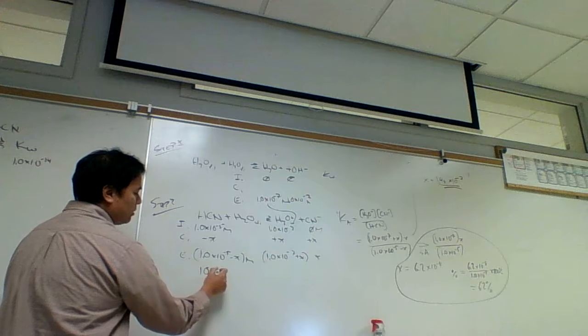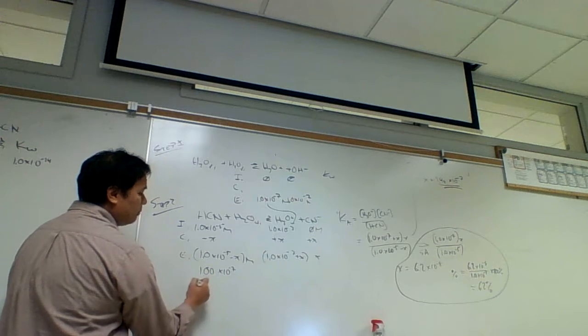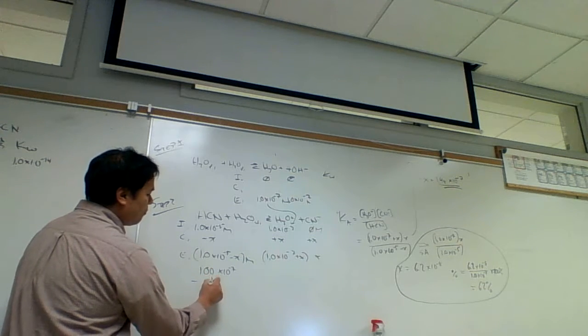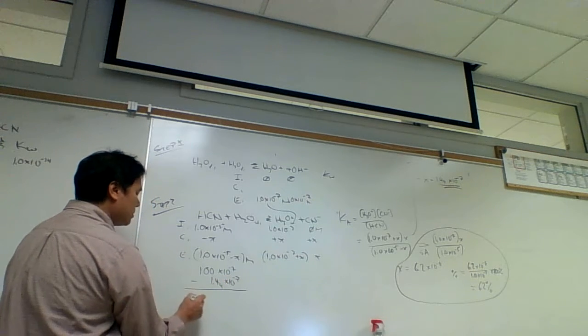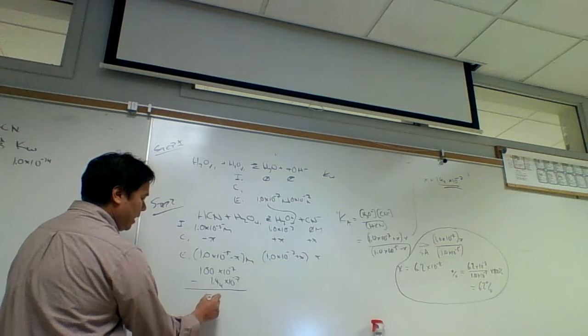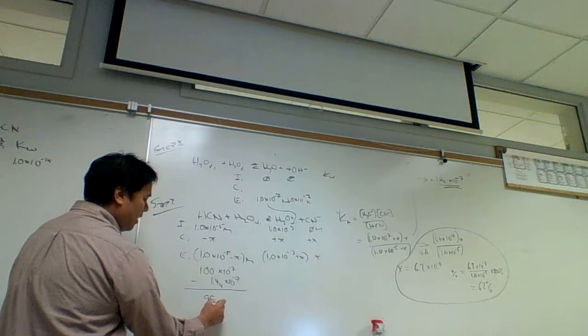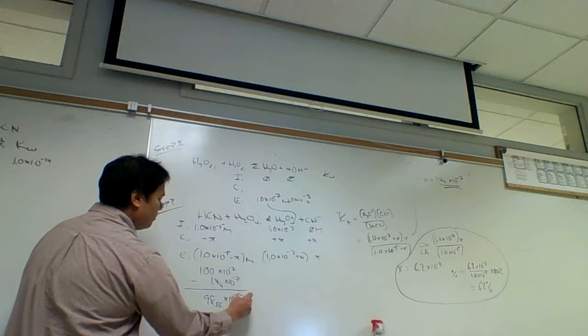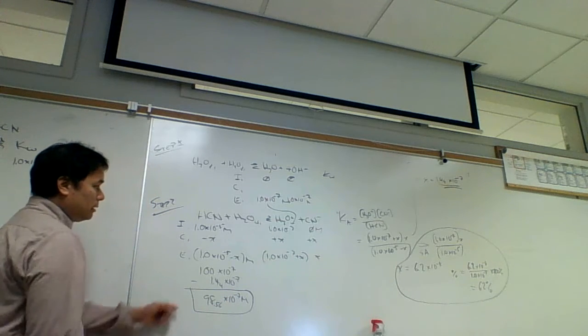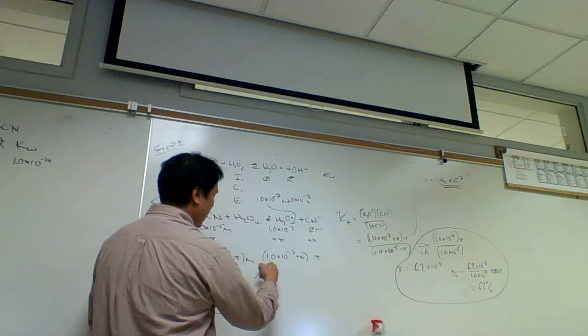So this is going to be 100 times 10 to the minus 7 minus 1.44 times 10 to the minus 7, which is going to give me 98.56 times 10 to the negative 7 molar. And then over here, I'm going to add to it.